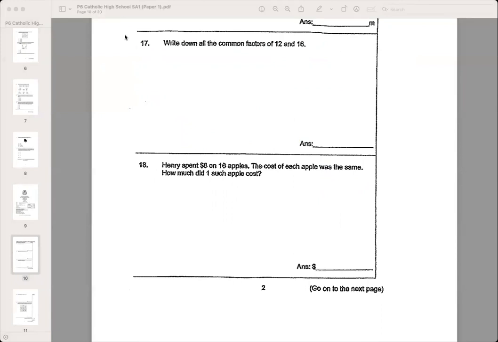Write down the common factors of 12 and 18. So let's see, 12 and 18. This is how you record the factors of 12. 1 times 12 gives you 12. 2 times 6 gives you 12. 3 times 4. That's all for 12.